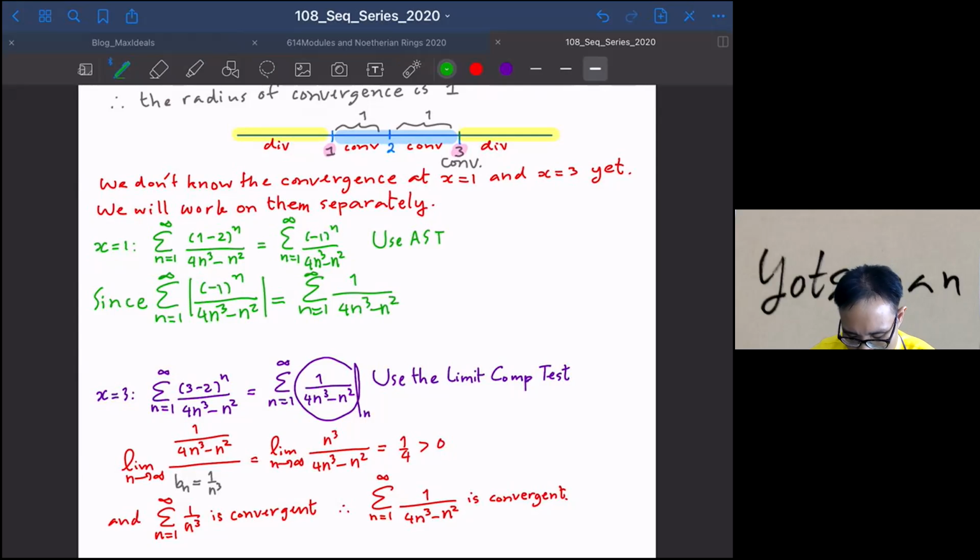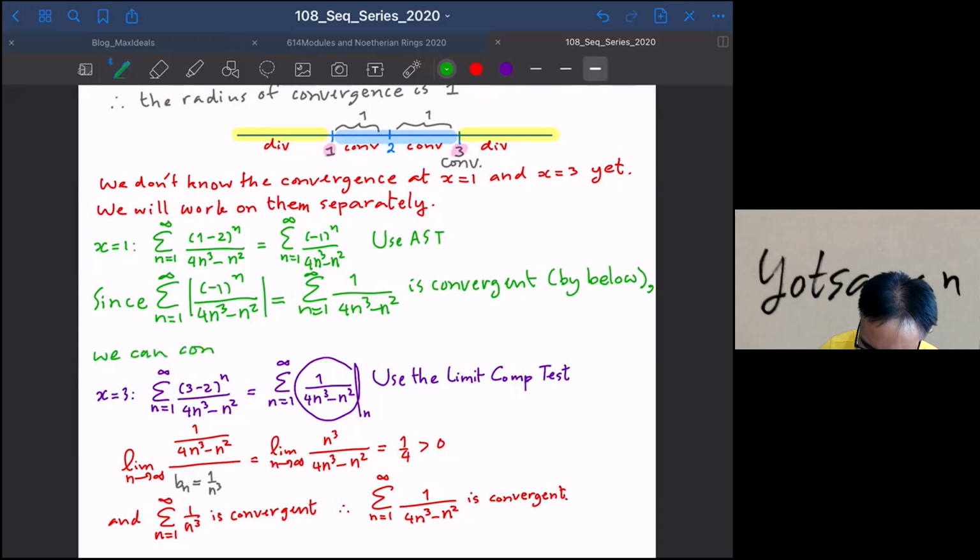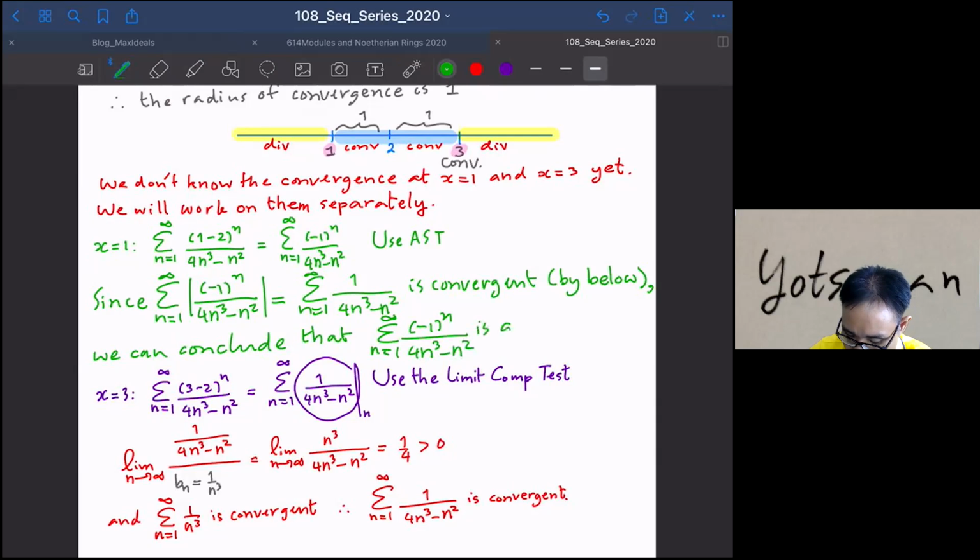And this one we know is convergent, by the work from below. So we can conclude that the series itself, negative 1 to the n over 4n cubed minus n squared, is also convergent.